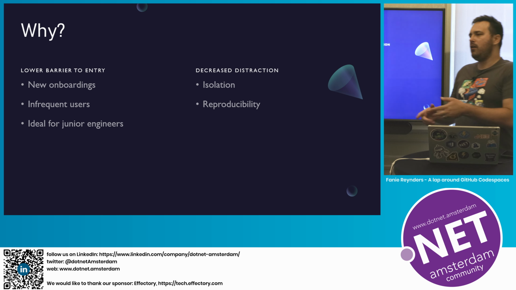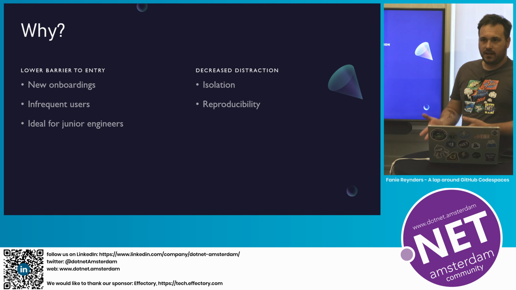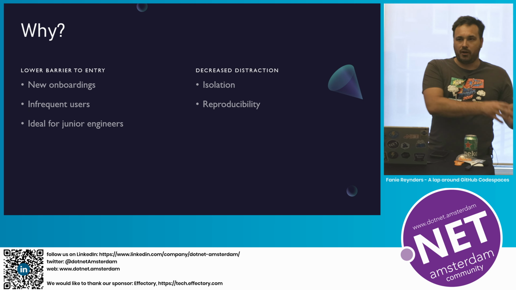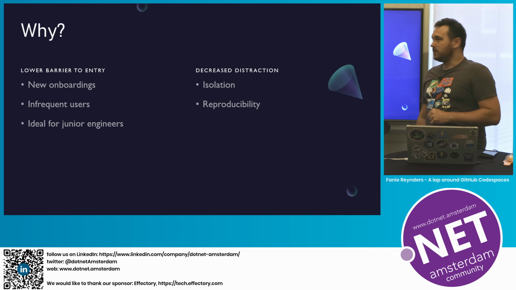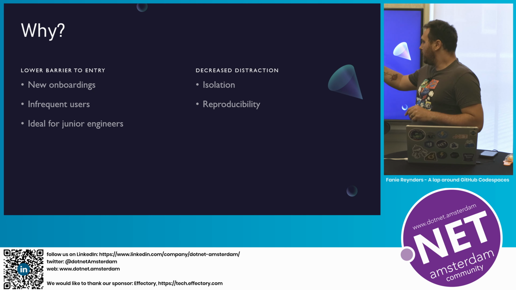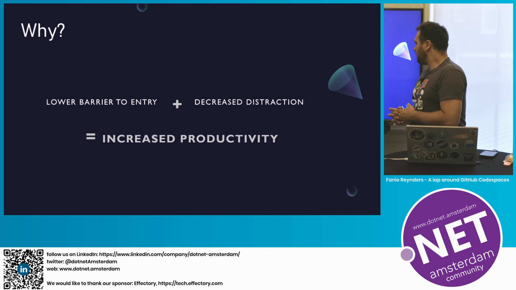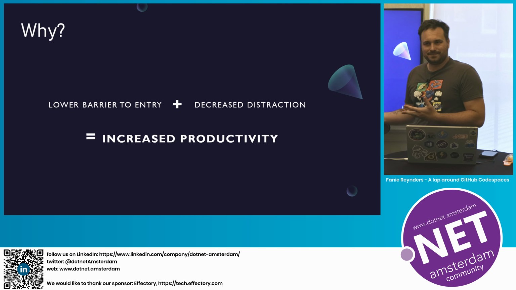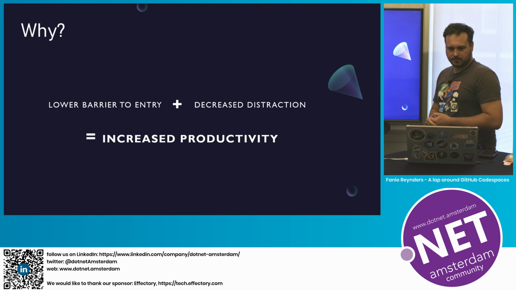You have to figure out, okay, now it's a different version, or it's maybe an environment variable, or all that kind of stuff. You can take that branch and run it on the phone, fix it, and fix the bug, and Bob's your uncle, right? So for me, a lower barrier to entry and decreased distraction is really increased productivity. That's where we want to move towards, that increased productivity.